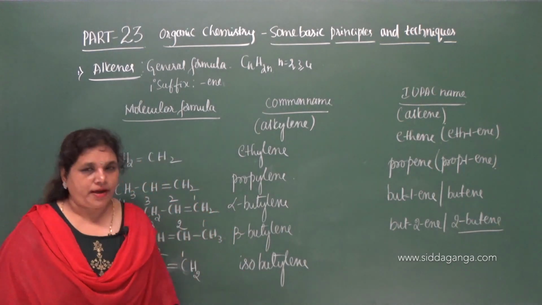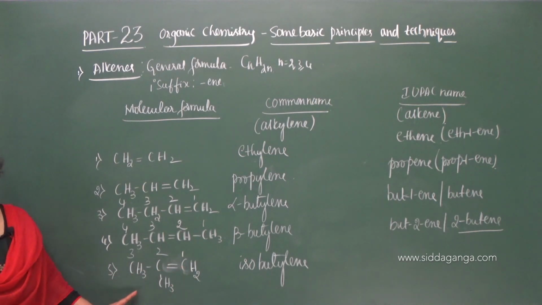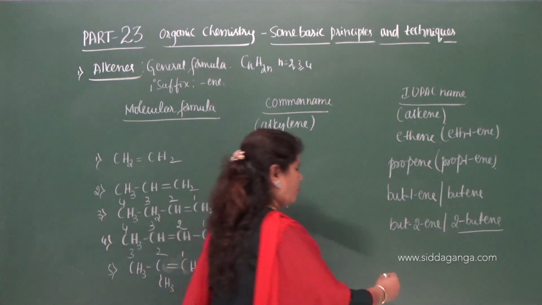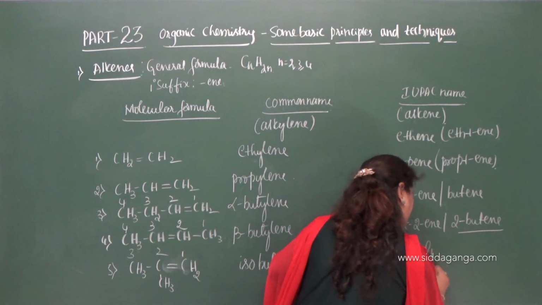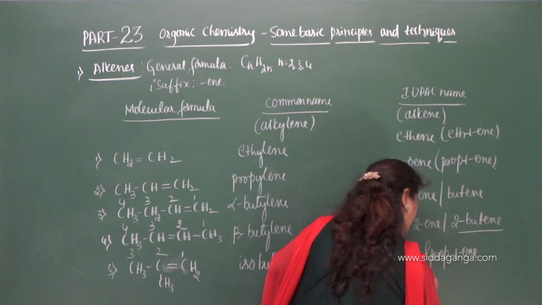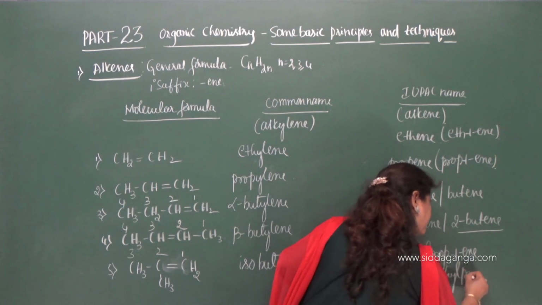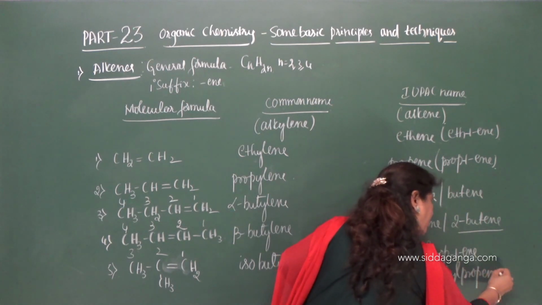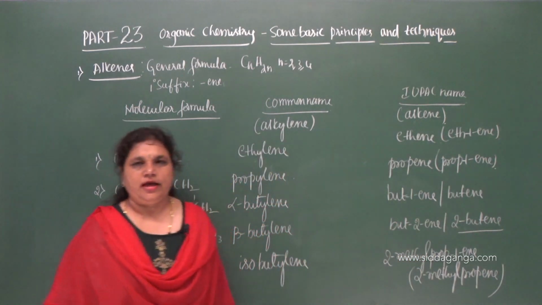And what about the IUPAC name of isobutylene? 2-methyl prop-1-ene, or propene. So 2-methyl propene. 2-methyl prop-1-ene, or you can name it as 2-methyl propene. You can ignore the locant 1, so you can write it as 2-methyl propene.